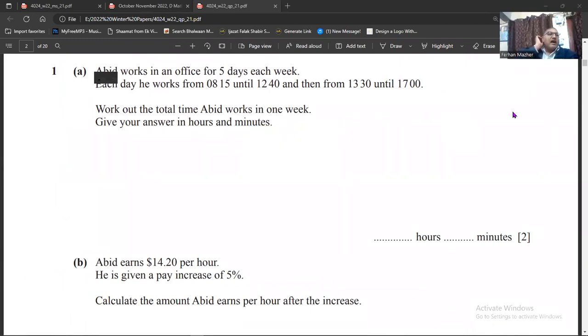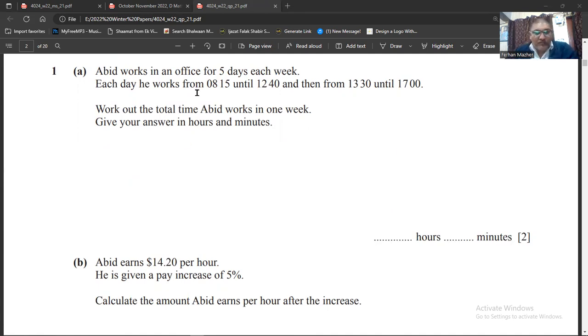Abid works in an office for 5 days each week. Each day he works from 8:15 until 12:40, and then from 13:30 until 17:00. Work out the total time Abid works in 1 week. Give your answer in hours and minutes.